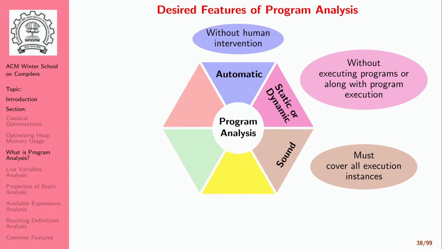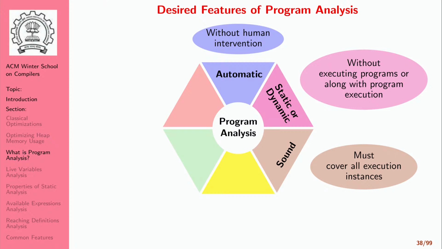So we have to cover, or if we leave out certain execution instances, then that is an unsound analysis. There's this term called soundy which people have proposed, but let's leave that aside. Soundy is sound modulo certain well-known assumptions about difficult to analyze features of programs.